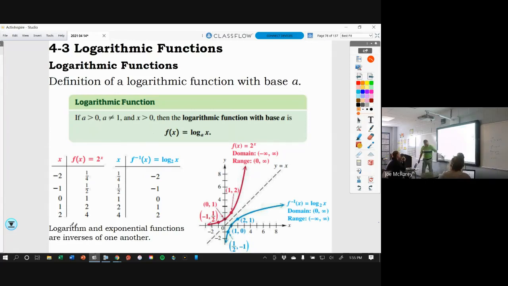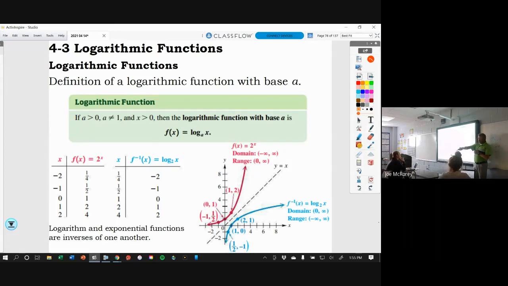So logarithms and exponential functions are inverses of one another. Again, a and x must be positive, but a can't be 1. Nothing new on this slide. Check out the domain and the range. In an exponential function, the domain is always all real numbers, and the range is from 0 to infinity, right?